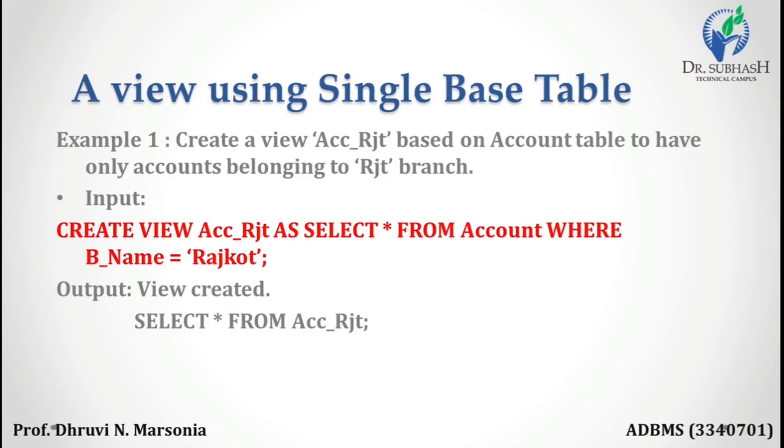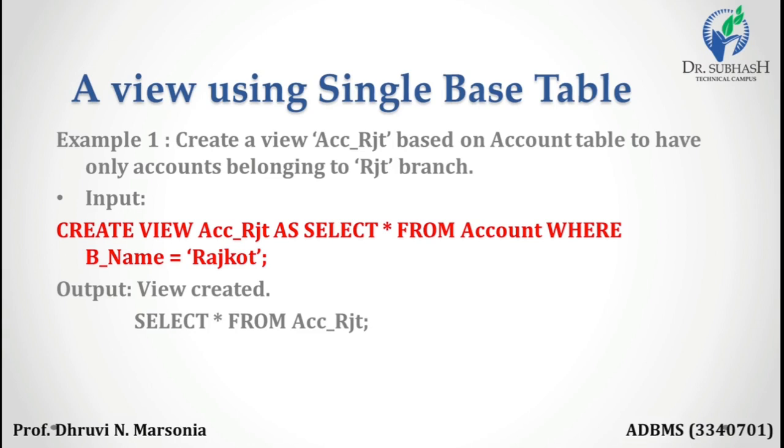I want the output to contain only data where the branch name is Rajkot. So I create a view; my view name is SSE_RJT: CREATE VIEW SSE_RJT AS SELECT * FROM account WHERE B_name = 'Rajkot'. What will be the output of this view?